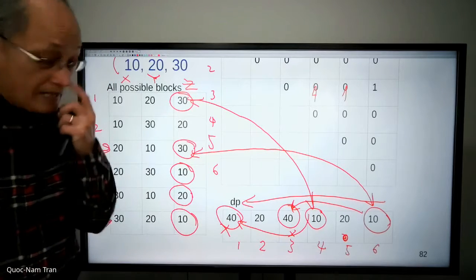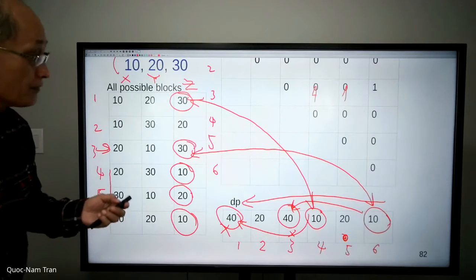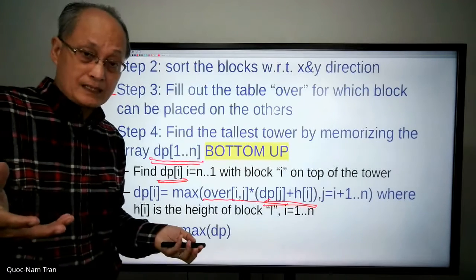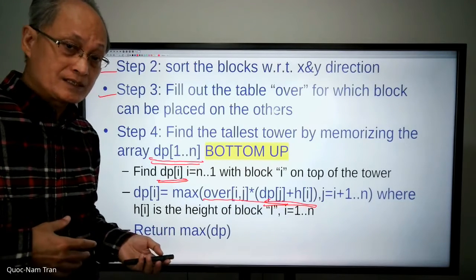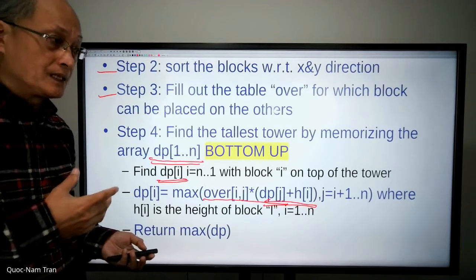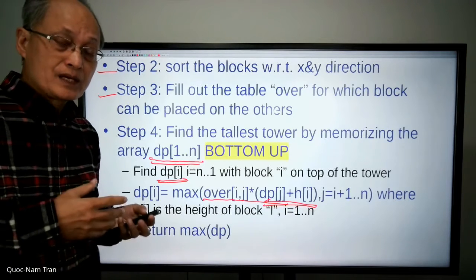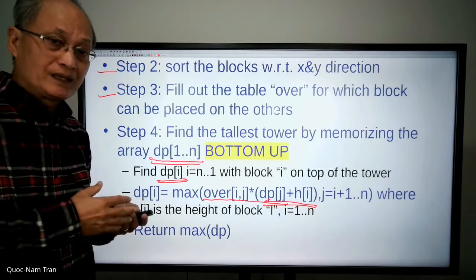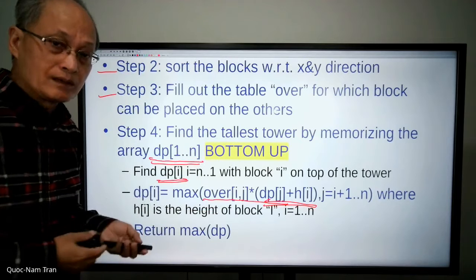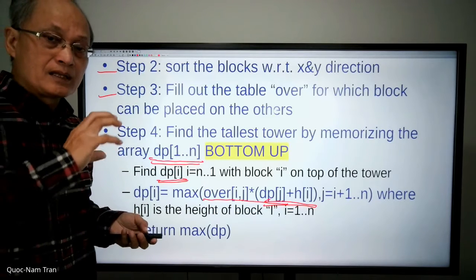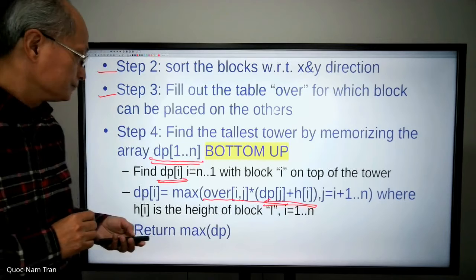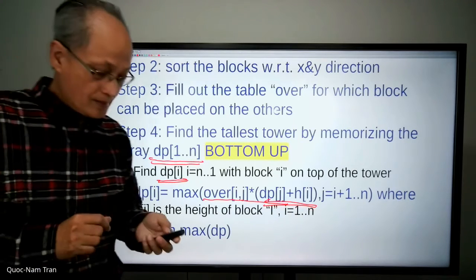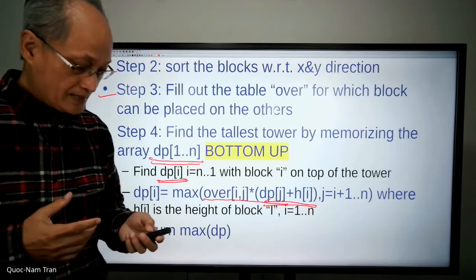That algorithm can be modified, and we already know how to do it for matrix multiplication, the assembly line, or the longest common subsequence, where we already learned how to list the actual result instead of simply the tallest height of the tower. Okay, so that is the algorithm that we discussed last time.